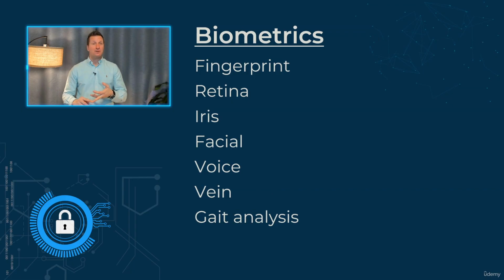This one seems to be popular these days on Apple iOS devices. So logging in simply by it recognizing the features of your face. Voice recognition is another type of biometric authentication. Vein analysis, perhaps in a leg or an arm, if that's unique to an individual, is a possible biometric factor. Gait analysis, how you move, how you walk. And that is interesting because that could also be fed into artificial intelligence, big data analytics systems like at airports to identify someone based on the way that they walk for security purposes.